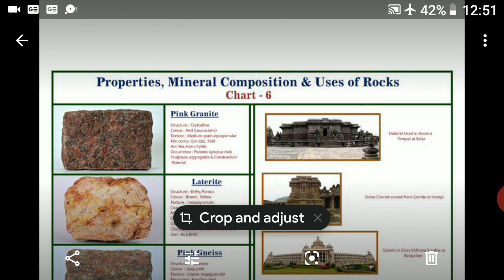Mineral composition: essential minerals are quartz and feldspar group mineral. Accessory minerals: biotite, hornblende, pyrite. Occurrence: plutonic igneous rocks. This will be used in sculpture, aggregates and construction material. Pink granite will be used for interior as well as external decoration purpose in the building, and also this will be used for flooring purpose.